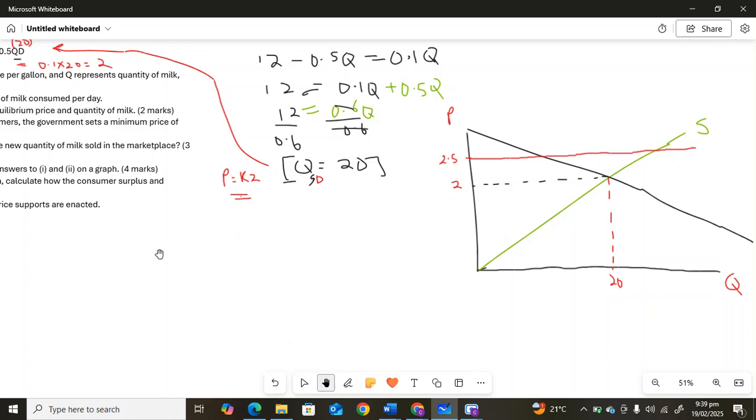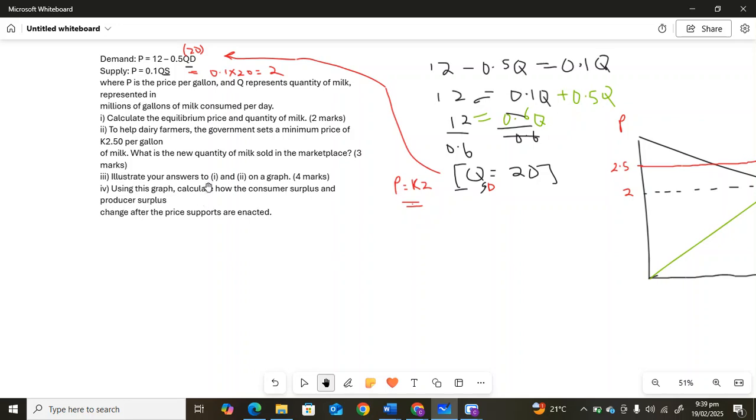Yes, because have you seen there's a part here which says illustrate answers 1 and 2 on the graph. Okay. And then using the graph, we have to calculate the consumer surplus and producer surplus after this price floor has been enacted.